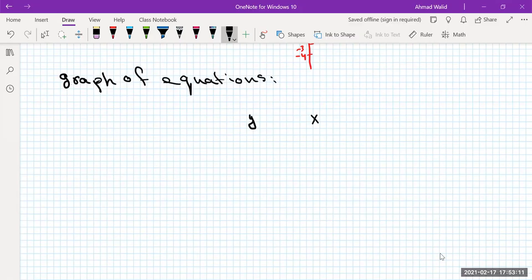If I put an equal sign between y and x, it means this equation represents a relation between two quantities.